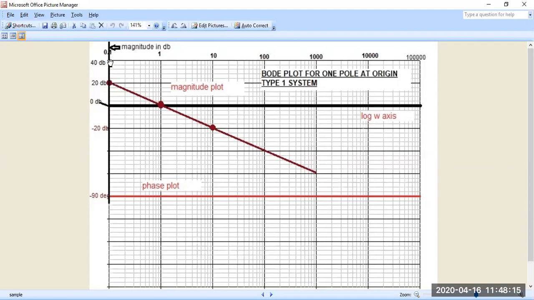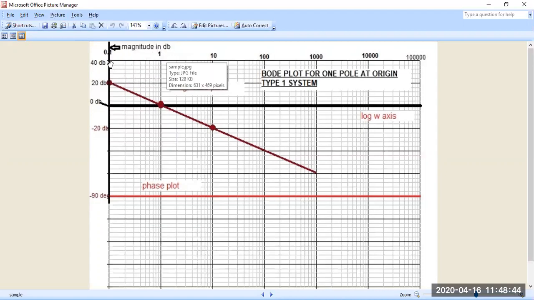Similarly, if I connect a line from 40 dB to 0 dB in 1 decade, imagine a line connecting 40 dB to 0 dB, this line will have a slope of minus 40 dB per decade. Similarly, you can have a line of minus 60 dB per decade also. You have to connect 60 dB to 0 dB, but you have to connect it in only 1 decade. Understand? 1 decade. Correct?